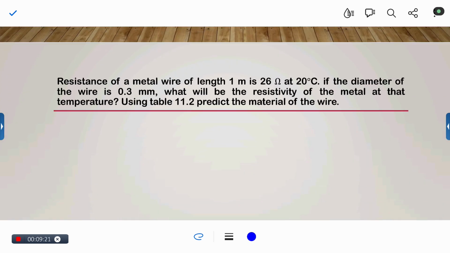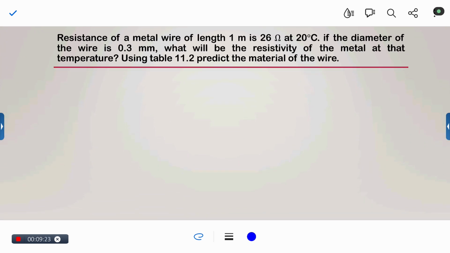Next, the question: the resistance of a metal wire of length L equal to 1 meter is 26 ohm. What is the resistance of the conducting material? 26 ohm. And the diameter of the wire D is equal to 0.3 millimeter.